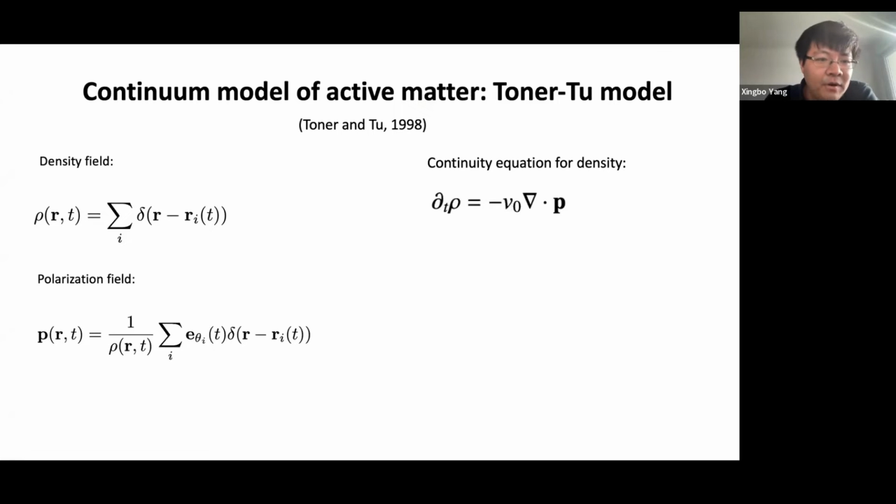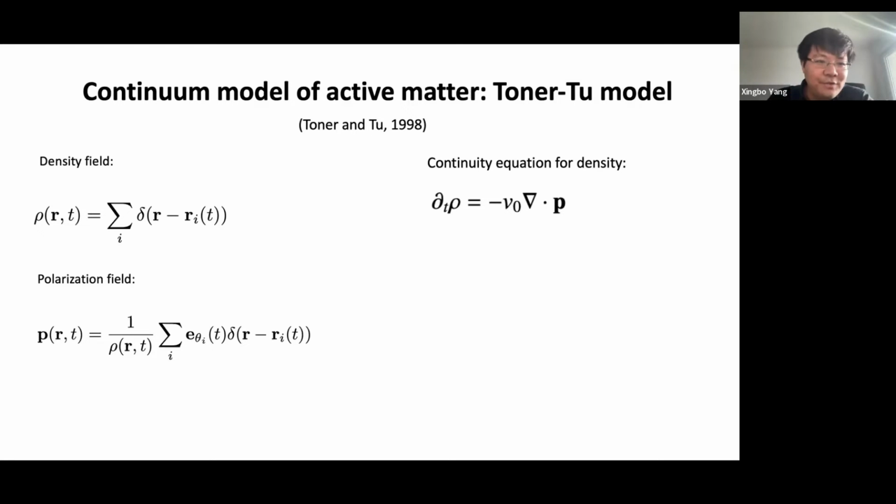And also, you have this polarity field, right? Like I said, these particles have internal degrees of freedom, which is this local polarity. So they have a preferred direction of motion.